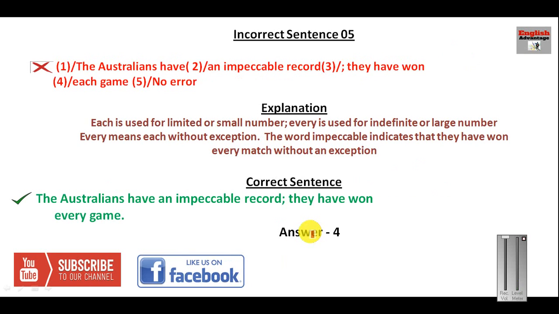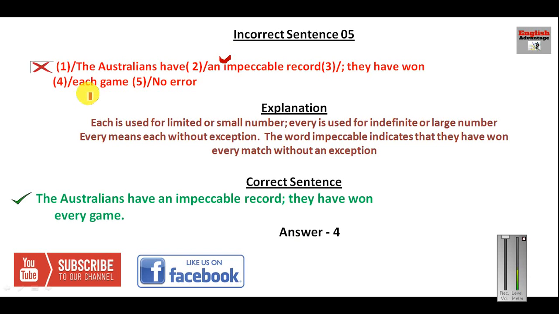Now let us see the next sentence. The Australians have an impeccable, this an is correct, an impeccable record. They have won each game. The sentence wants to say that Australians are having an impeccable record, meaning faultless record, and they have won each and every game without exception, or almost all games.